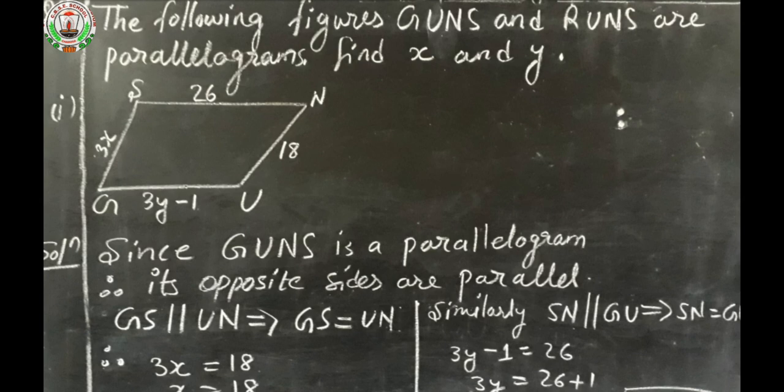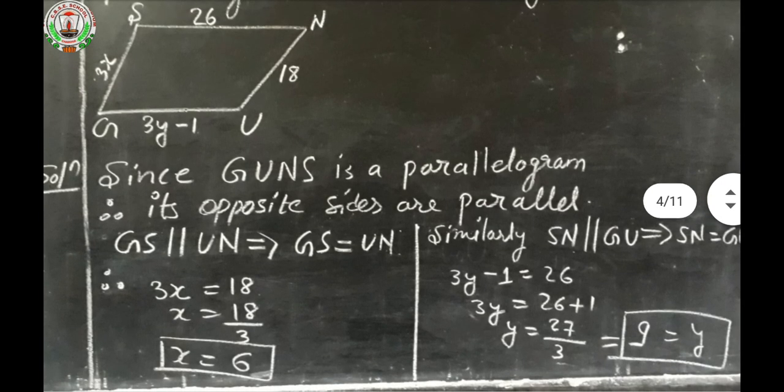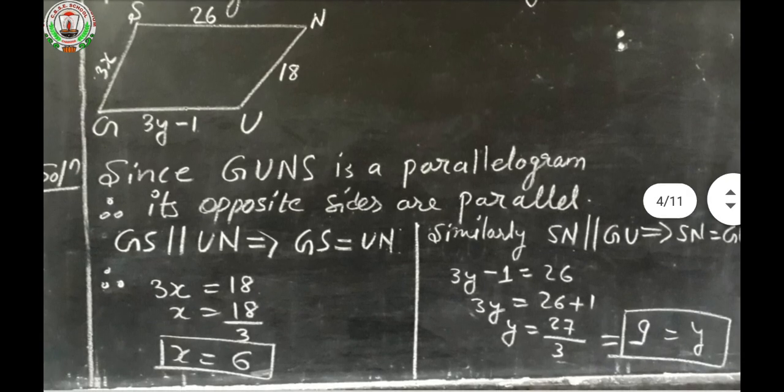Okay, so as we know, in a parallelogram the opposite sides are equal as well as parallel. This property we are going to use for solving the question. Now look how to solve the question. Here we are having the figure GUNS, isn't it? Which are the two opposite sides?